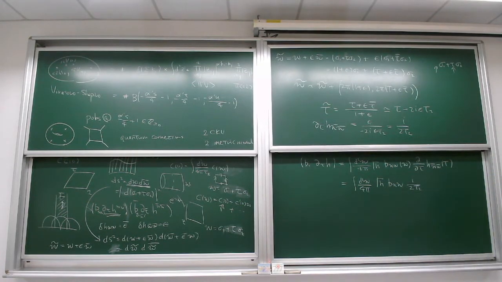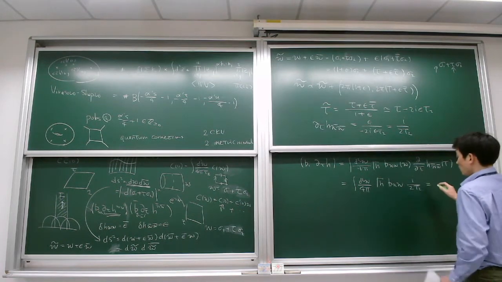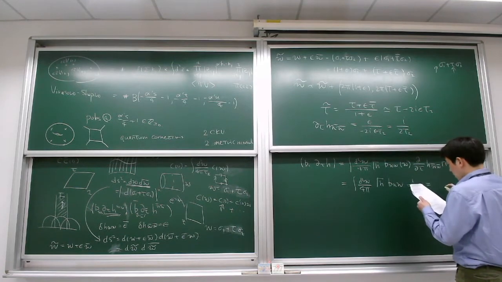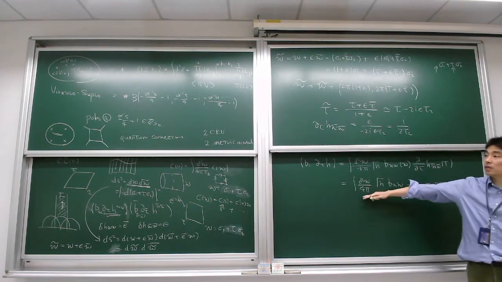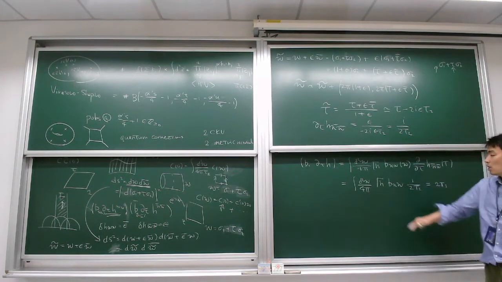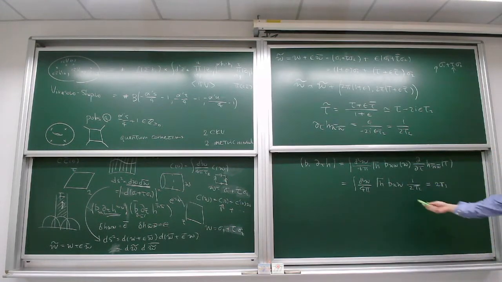Okay, and this is indeed equal to 2 pi i. So again, integrating over the torus, you indeed just get the zero mode.